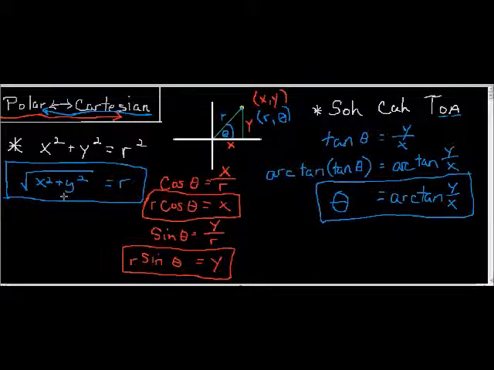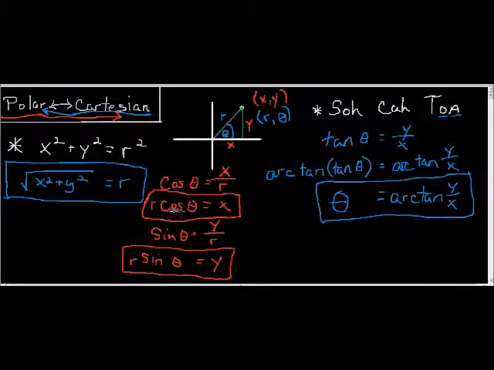The other thing we can look at is what we have in red here when we're going from polar to Cartesian. Isn't it interesting that our x-coordinate is found by taking the cosine of theta? Well, yeah, the cosine always has to do with the x.